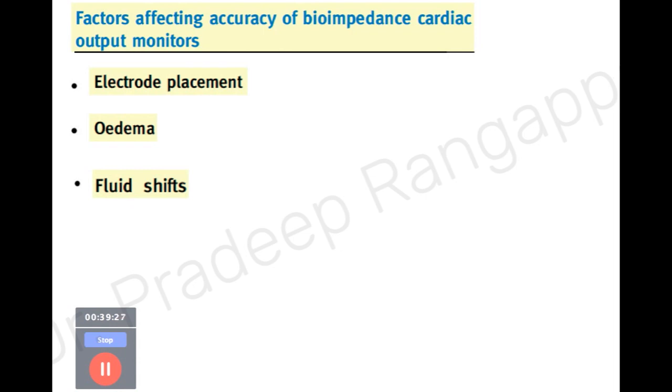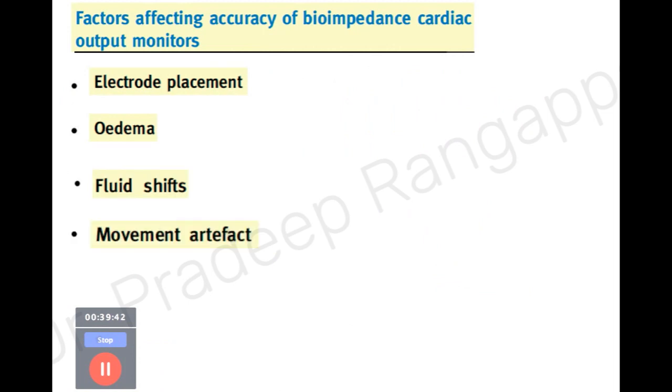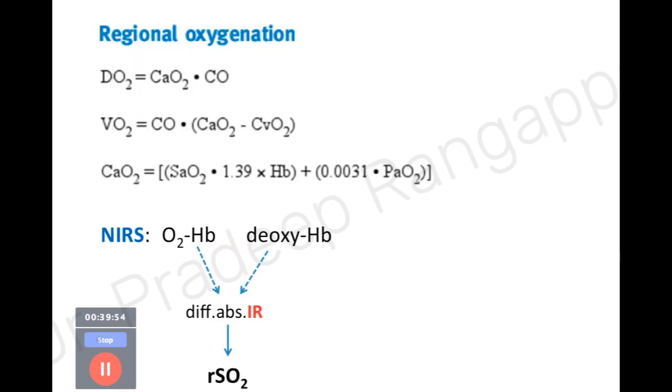Fluid shifts also can have a bearing on measurement of bioimpedance, and so does movement artifact, because this gives a small amount of current, as you see, 1.4 to 1.8 milliamperes. Which means it can be discomforting for the patient, and the patient may feel a prickly sensation and can be very restless and moving. That also can have a bearing on measurement of the cardiac output.